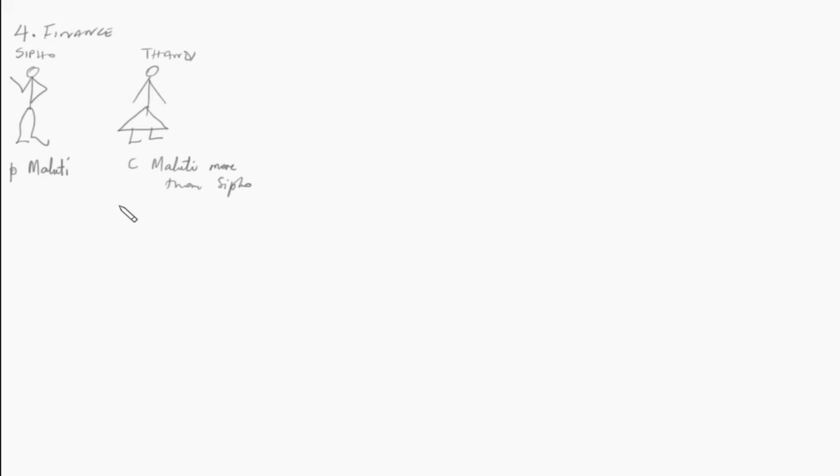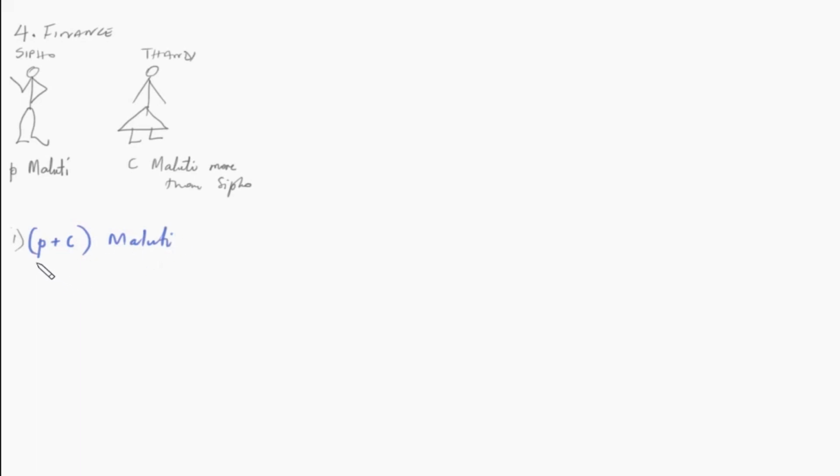Now, the first question says, how much money has Thandi? C Malodi more than Sipho, that means if she has C Malodi more than Sipho, it's Sipho's money plus C. That means it's P plus C, Malodi.